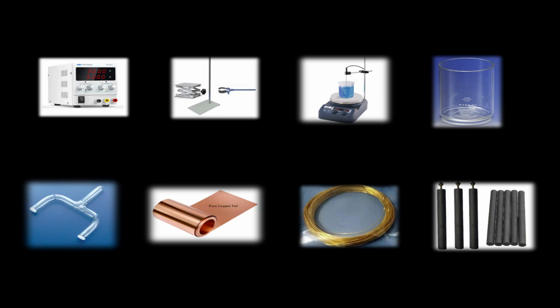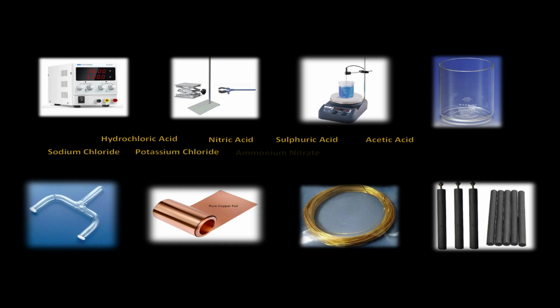Additional supplies include acids, most commonly used as hydrochloric acid, nitric acid, sulfuric acid, and acetic acid. Sodium chloride, potassium chloride, ammonium nitrate, potassium nitrate, and silver nitrate will also be needed.